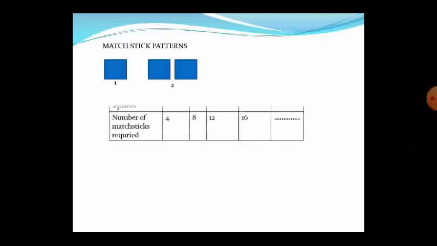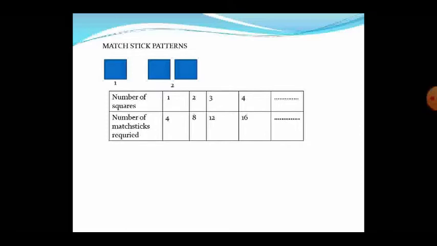Number of squares: one square needs 4 matchsticks, 2 squares need 8, 3 means 12, 4 means 16. For a bigger number, instead of counting, it is a lengthy process.